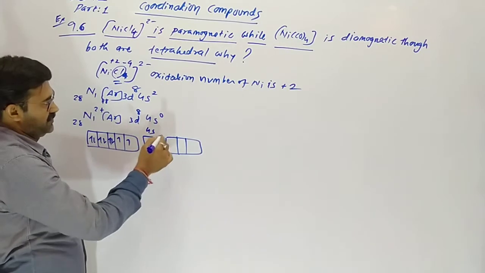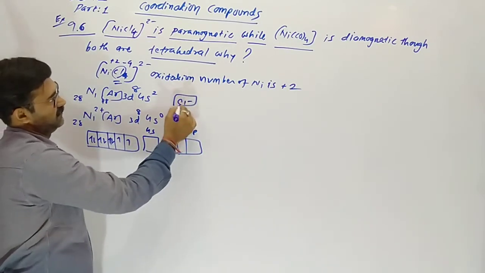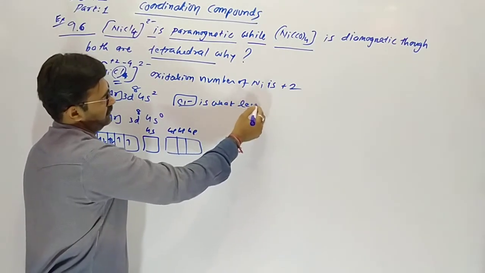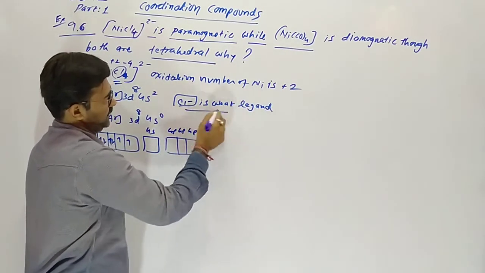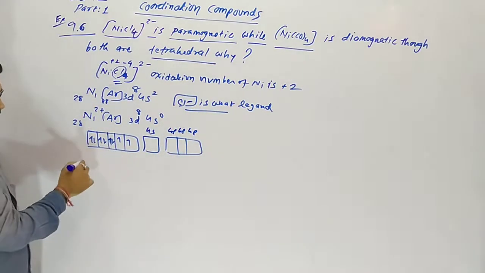So chloride is a weak ligand, which is not capable of rearranging these electrons.